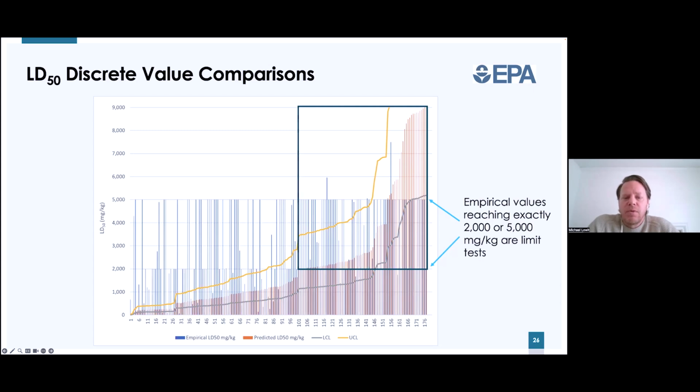And the few chemicals with in vivo values less than 2,000 ranged from 1,300 to 1,800 milligrams per kilogram body weight. This is an important finding because there is generally greater room for uncertainty and risk assessment for less toxic chemicals when considered relative to anticipated exposure.